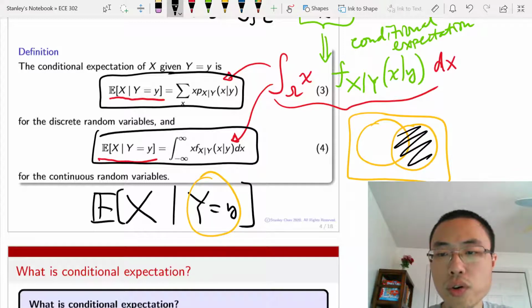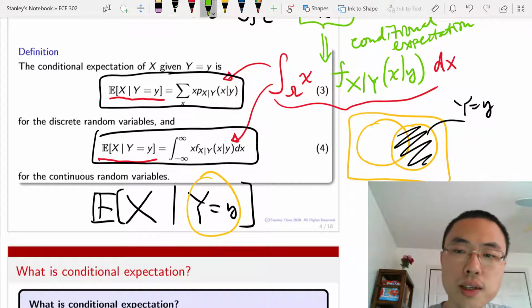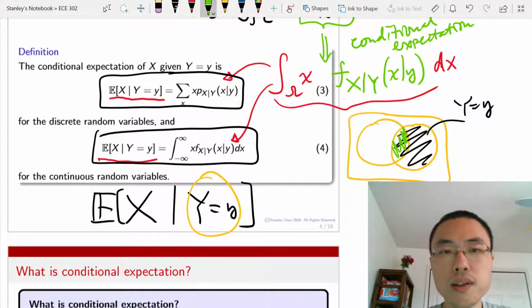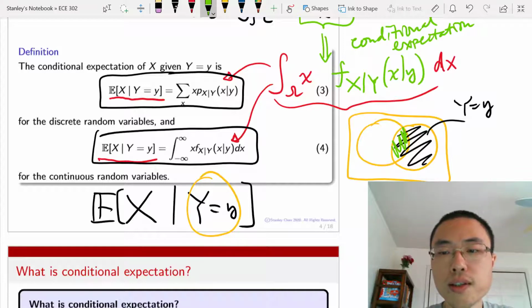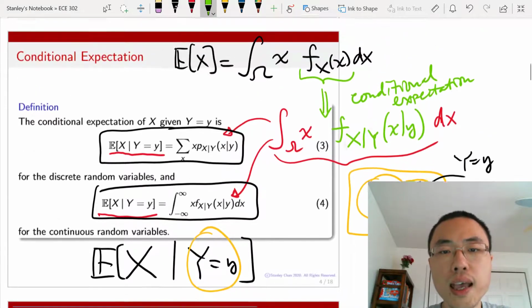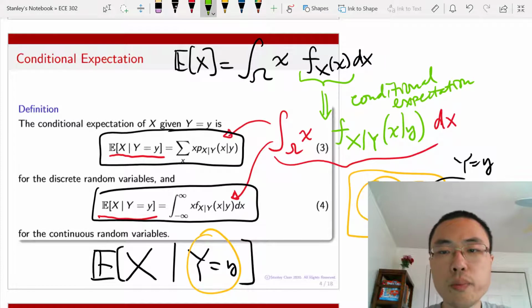So this is your event y equals small y, and within the set you're looking at this intersection where x equals certain values and y equals this y. And therefore, when you take the expectation, you're taking the expectation over this smaller set, not the entire sample space. And that's why you need to replace this ordinary PDF by this conditional PDF.